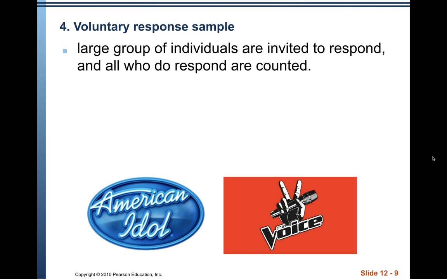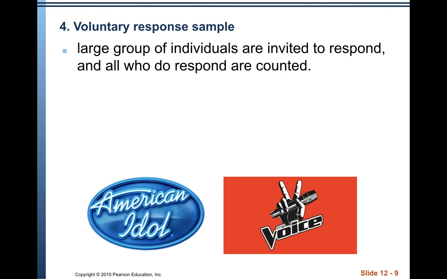Those are perfect examples of voluntary response samples. The people who watch the show are invited to vote for their favorite contestant, but the reality is only a select few of those actually end up voting.